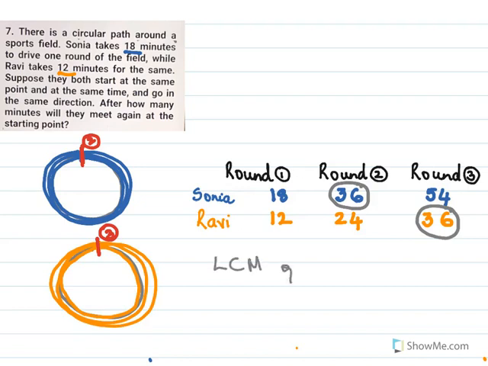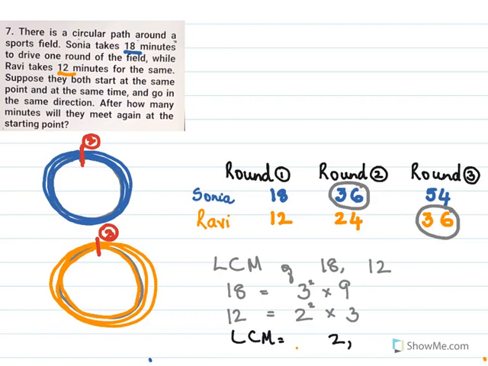Basically what we have done is taken the LCM of 18 and 12. We know 18 is 2 into 3 raised to 2 and 12 is 2 raised to 2 into 3. To find the LCM, we take all the factors, that is 2 and 3, and the highest power.